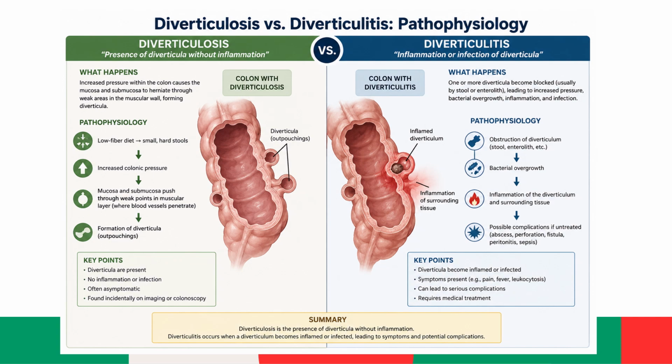So we want to think about increased pressure inside of the colon. Historically, a low-fiber diet and constipation have been associated with diverticular disease because smaller, harder stools may require greater pressure to move through the colon. But we now know the development of diverticula is likely more complex than fiber intake alone.